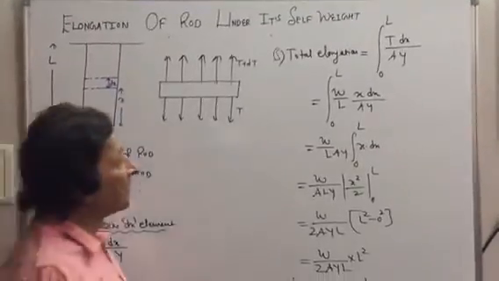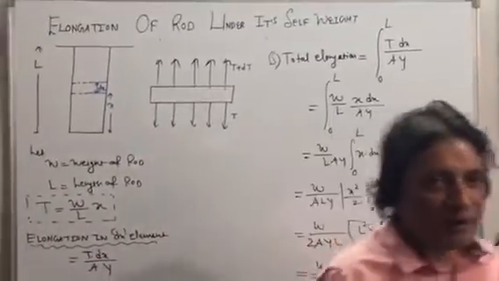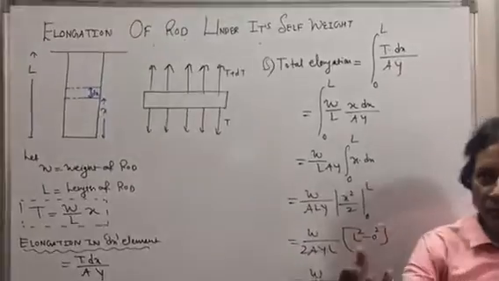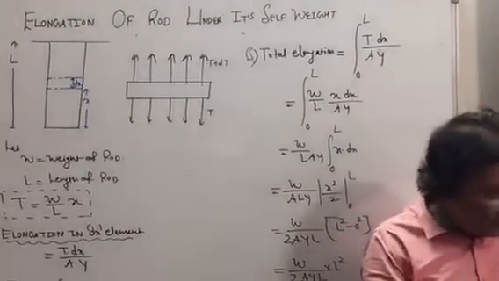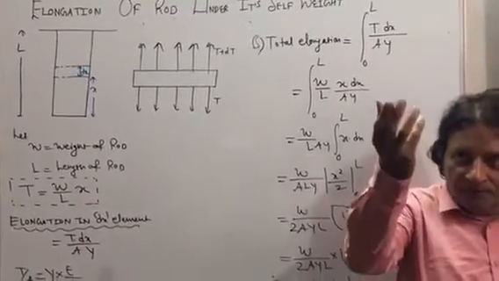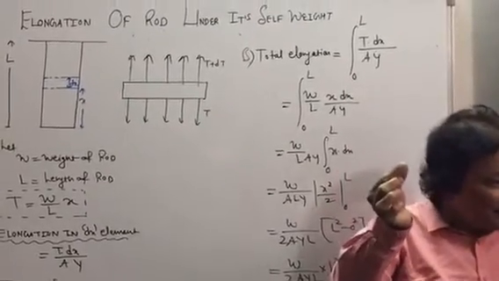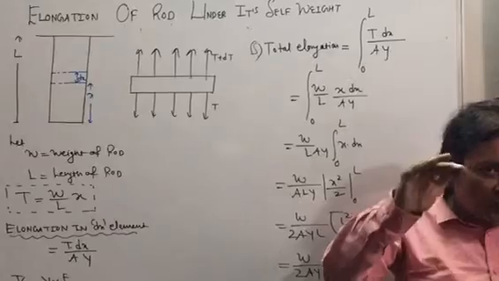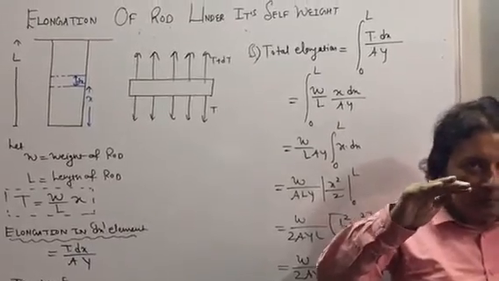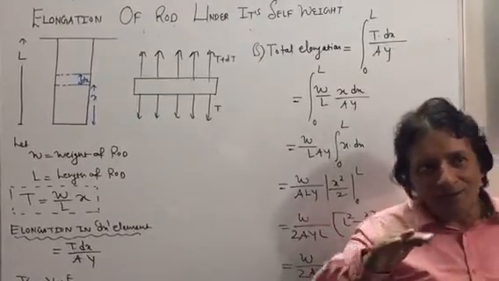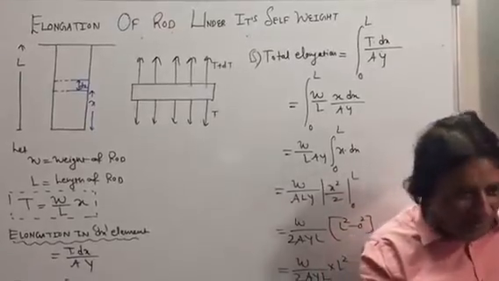Elongation of a rod under its own weight. Students, you might have noticed that if there is a metallic rod hanging by its own weight, there is an increase in its length after a certain time.